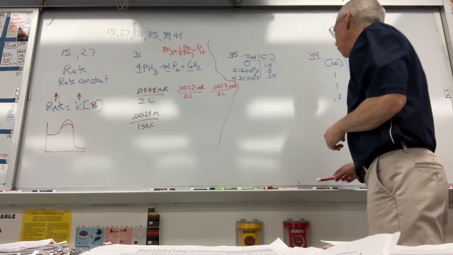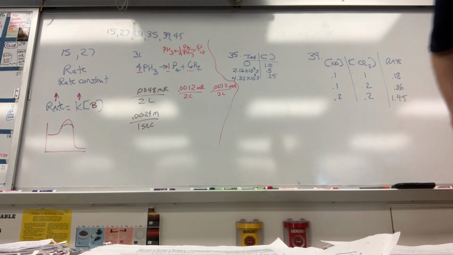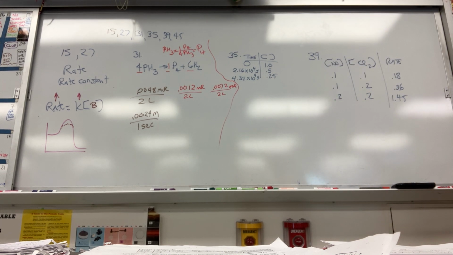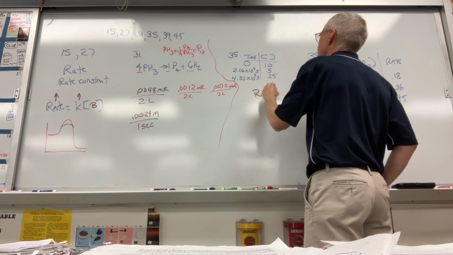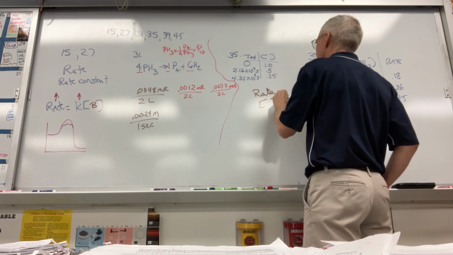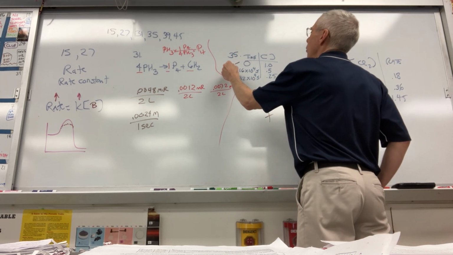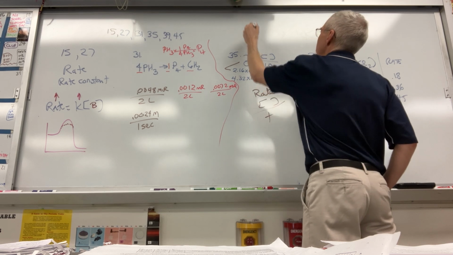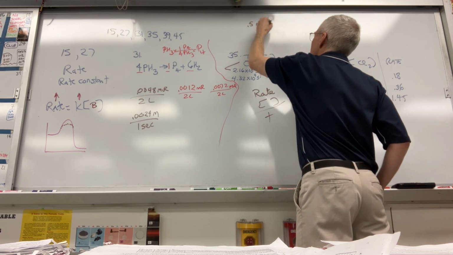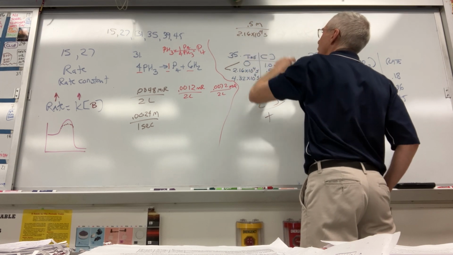All right, that's 31. 35, the question is posed, calculate the rate of decomposition. Well, a rate is simply a concentration per time. So if you know that from 0 to this time period, 0.5 molar was consumed in 0.216 times 10 to the 4th seconds.